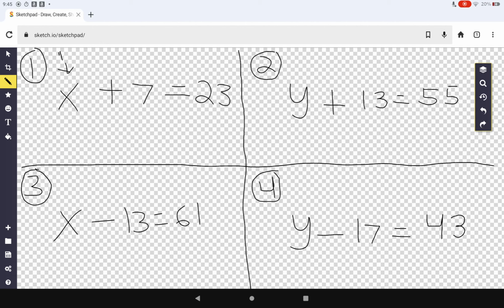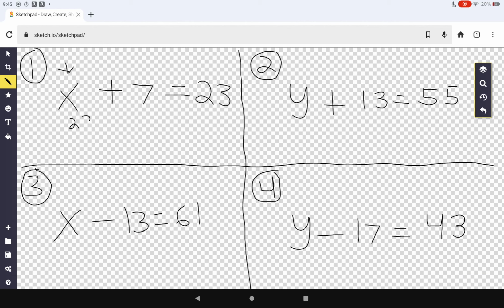So what I would have to do is 23 minus 7, because like I said, you have to use the inverse operation. Actually, let's use the stacked form to show our work.